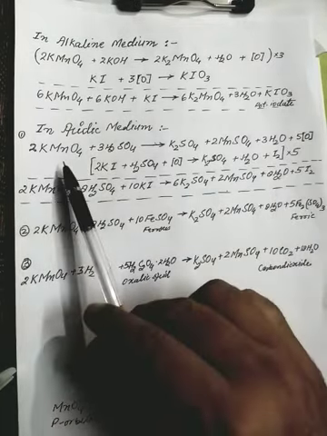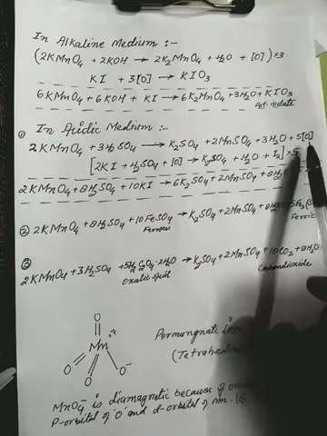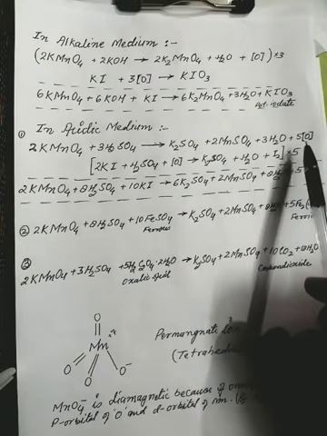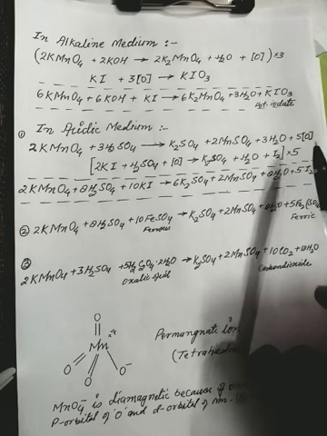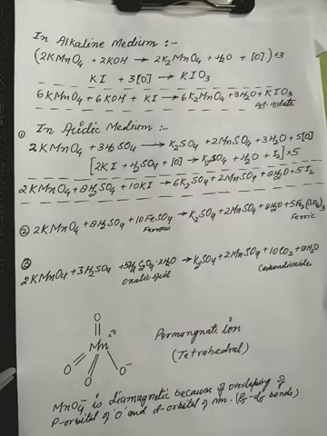Then 1 KMnO4 molecule gives 2.5 nascent oxygen, which contains 5 half-nascent oxygen. Then in acidic medium, the molecular weight of KMnO4 will be divided by 5, so 158 divided by 5 will be its equivalent weight.